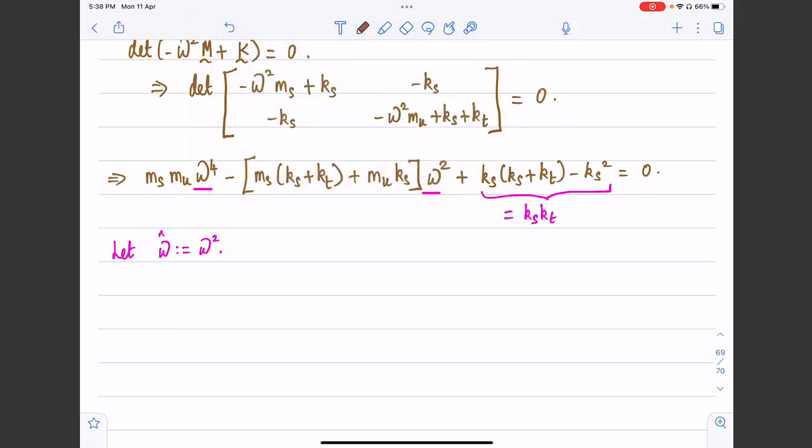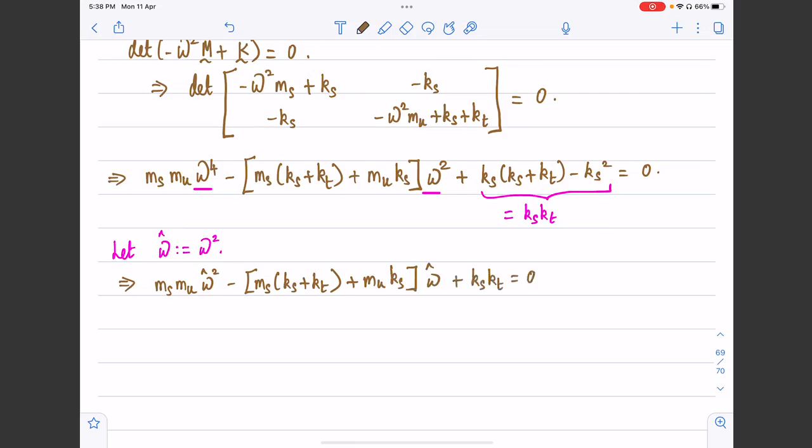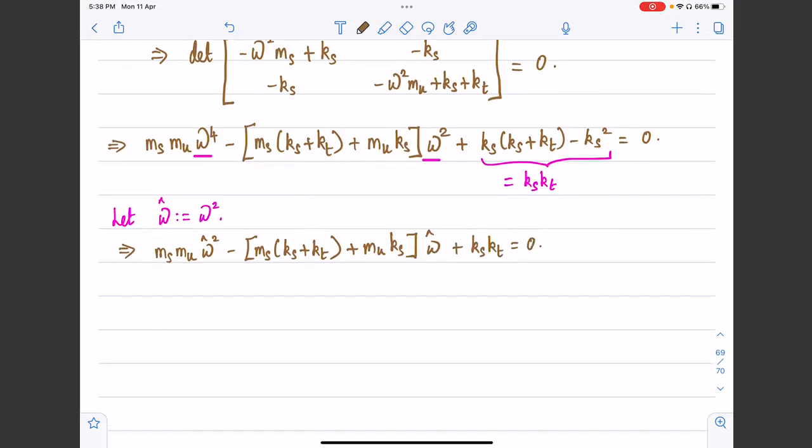Okay, so I hope all of us get the idea as to what's going to happen. If I do this, I am going to have ms mu omega hat squared, minus ms times Ks plus Kt plus mu Ks, omega hat, plus Ks Kt is equal to 0. Okay, so that's what we have. Then I can immediately solve this. How? Because please note that this is a quadratic equation, right?